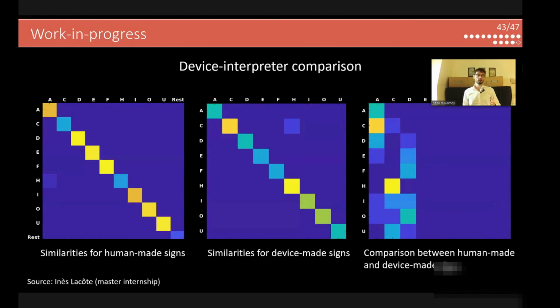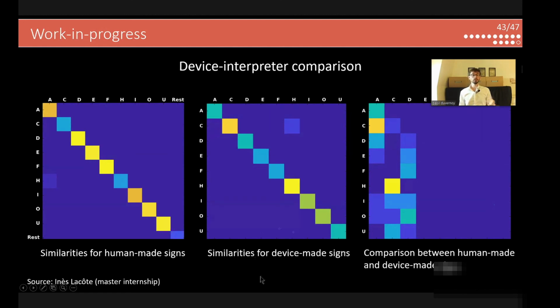And the preliminary results we have is also the confusion matrix. On the left part is the similarity between the human-made signs. So you can see that each letter has a very unique signature with the human-made signs, but it's also the same actually with the device-made signs.